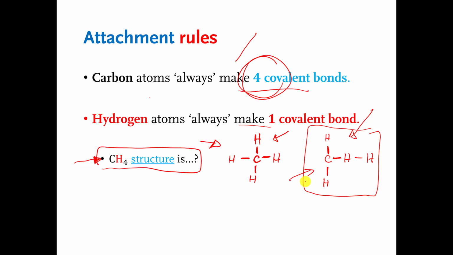There's another rule that's also being broken, and it's being broken over here. This hydrogen has 2 lines going into it, 1 and 2, and hydrogen only makes 1 covalent bond, so that hydrogen there is breaking the rules as well. So there's 2 reasons why this is the incorrect structure for CH4.